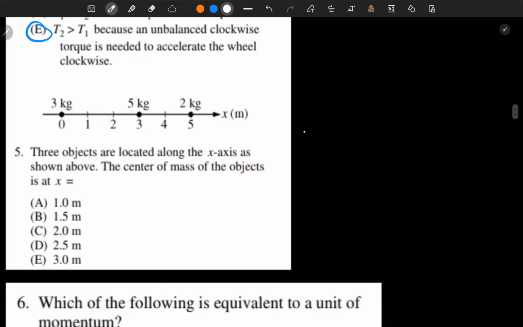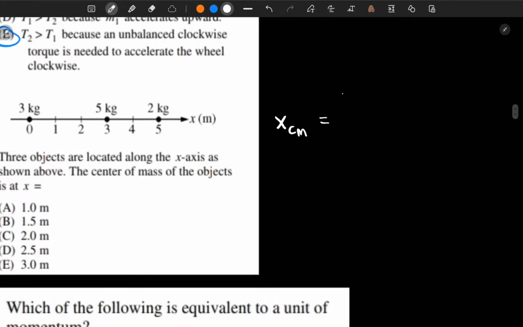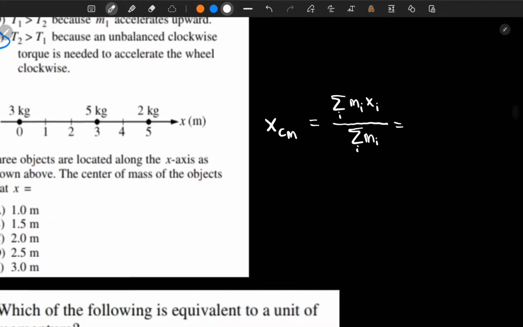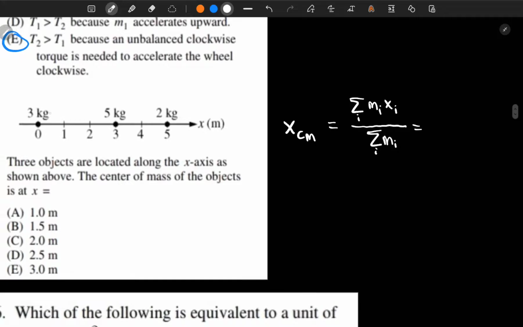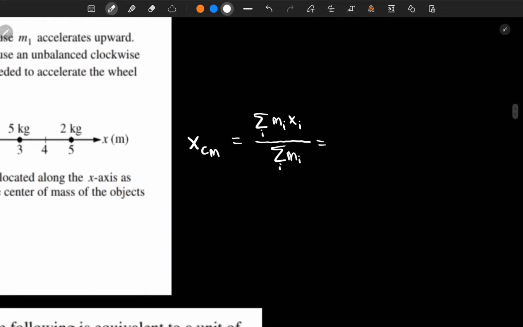Well, the formula for the center of mass is given by the center of mass position is equal to the sum indexed by i over all of the masses multiplied by their positions divided by the sum over all of the masses. So here we have a 3 kilogram mass at the 0 position.